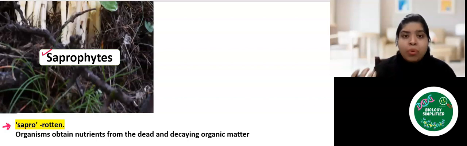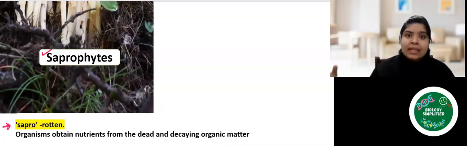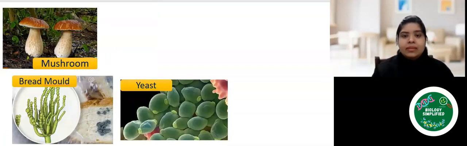They are very important for the ecosystem because they help to keep our environment clean by recycling the nutrients back into the ecosystem. The examples of saprophytes are mushrooms, bread molds, and yeast.